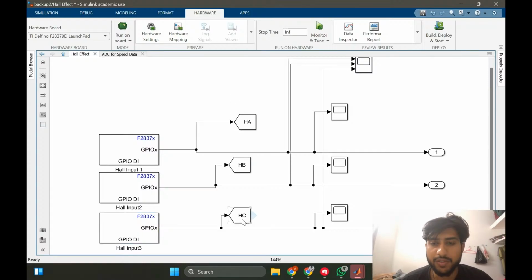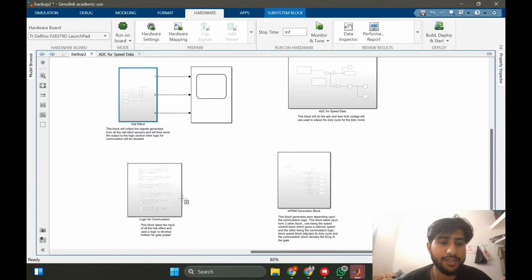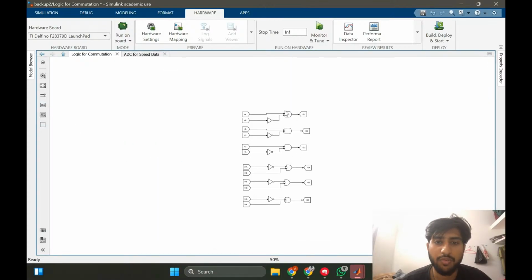HA, HB, HC. So the HA, HB, HC goes to this logic computation block.